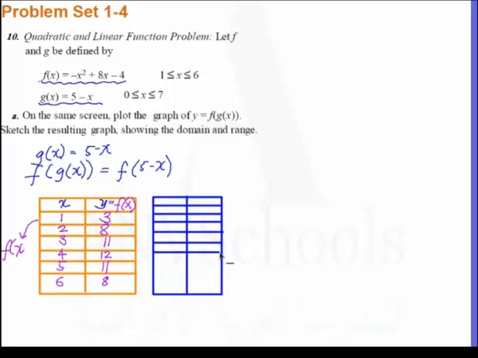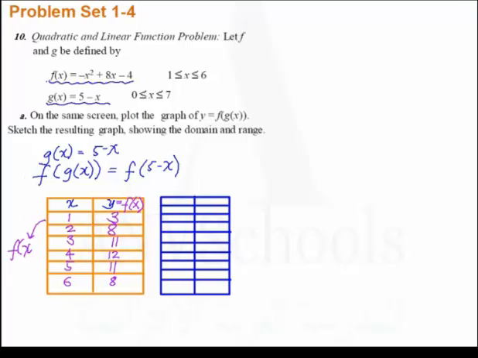So I'm creating the places for 0 to 7. Let's say this is our x and this is our g of x.